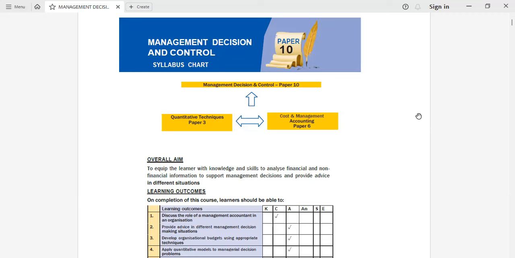This is paper 10, and it was previously paper 11 in the previous syllabus, but in this new syllabus of 2023-2027 it is now paper 10.